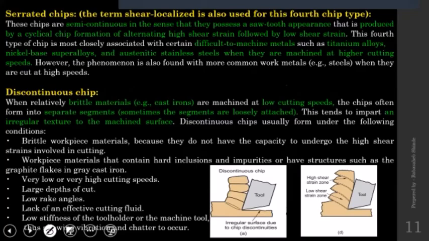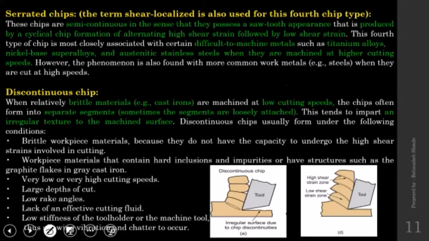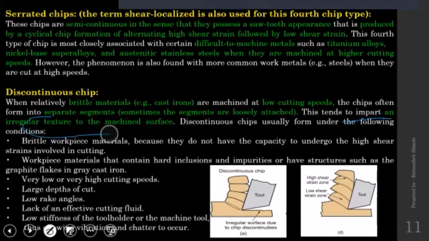As we discussed while talking about continuous chips, the surfaces generated when you get continuous chips have better finish, and in the case of discontinuous chips, the condition is exactly the reverse. The formation of discontinuous chips tends to impart an irregular texture on the machined surface.